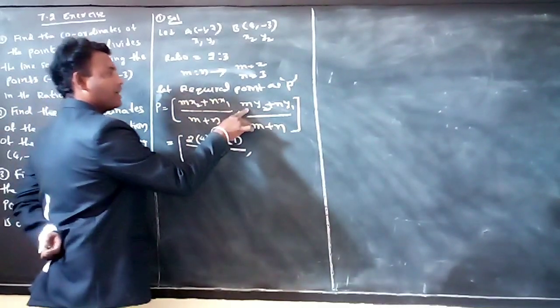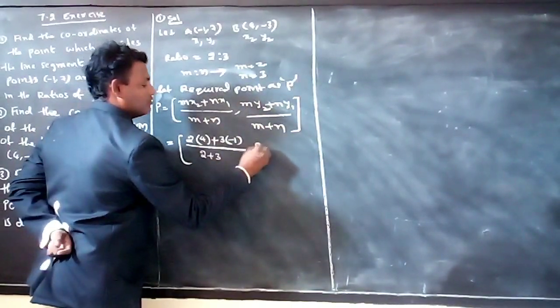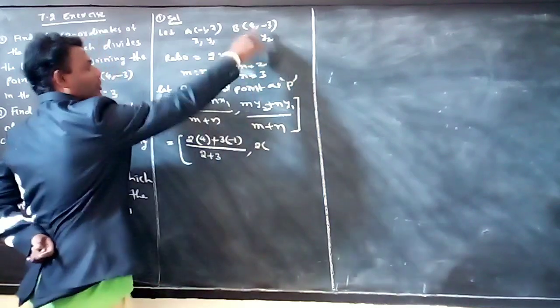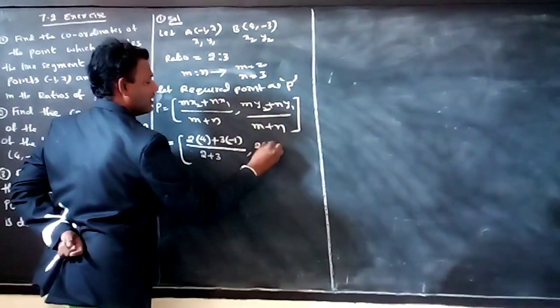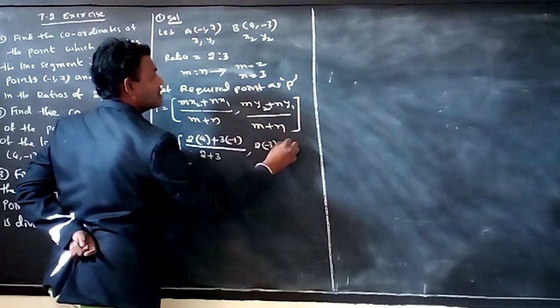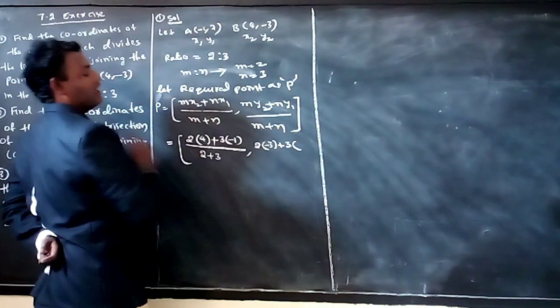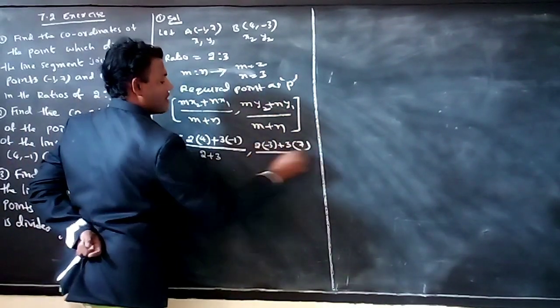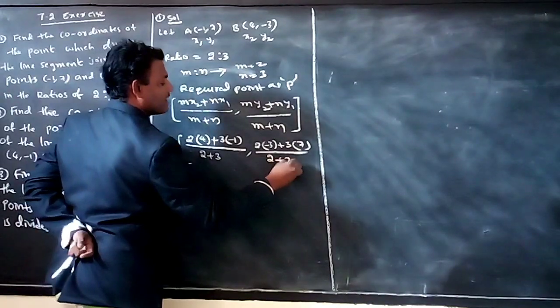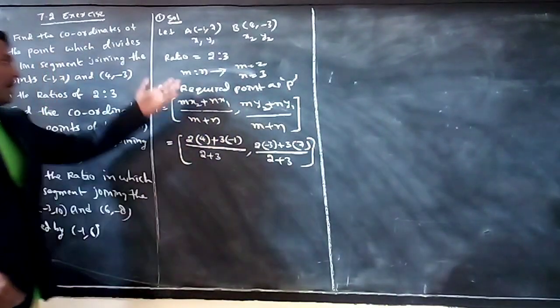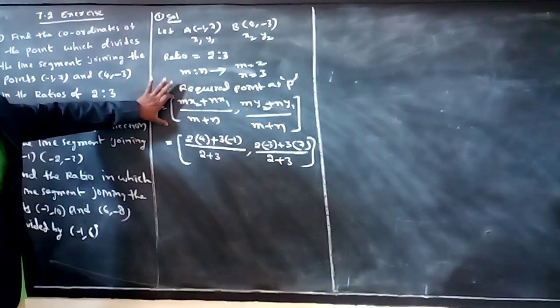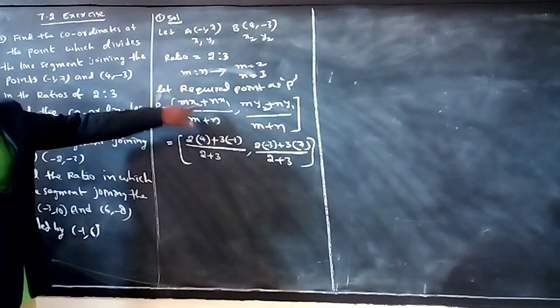Similarly, here also m means 2 into y2 means -3 plus n means 3 into y1 nothing but 7 by m plus n means 2 plus 3. So I first write the formula, then after I apply values.